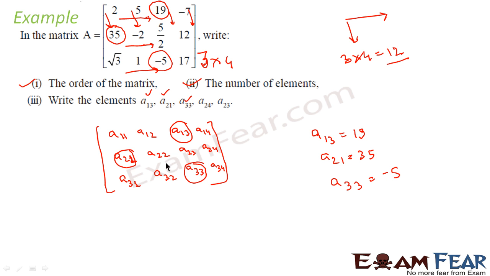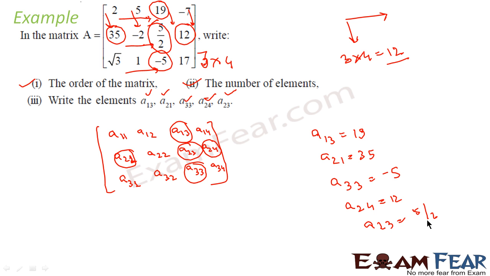The next is A24. A24 is this element. If you see this element corresponds to 12. So we can say that A24 is nothing but 12. Similarly, the next is A23. So for A23, if you see this is the element and this element corresponds to 5 by 2. So we can say that A23 is nothing but 5 by 2.